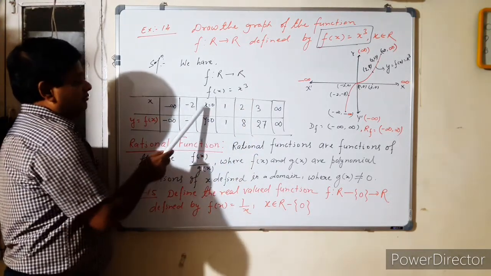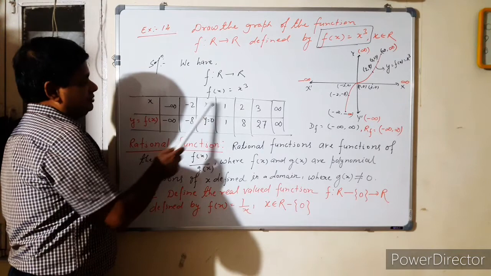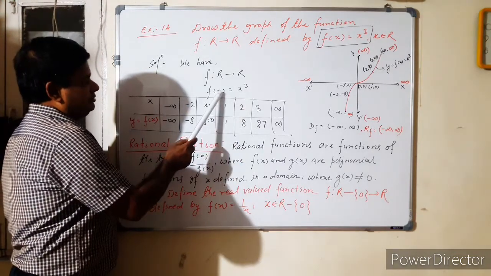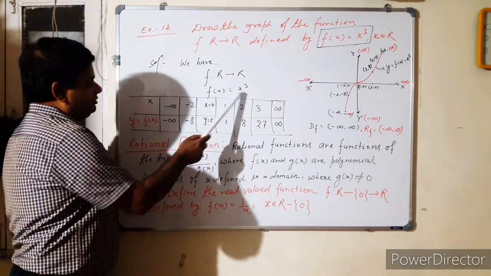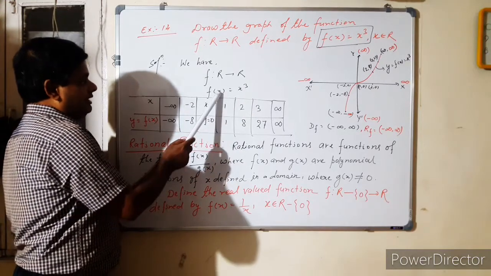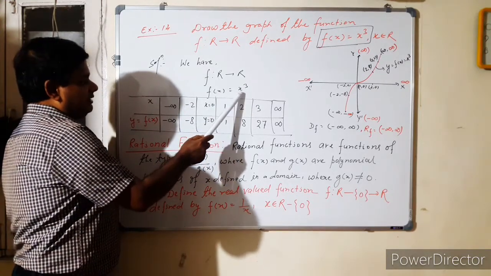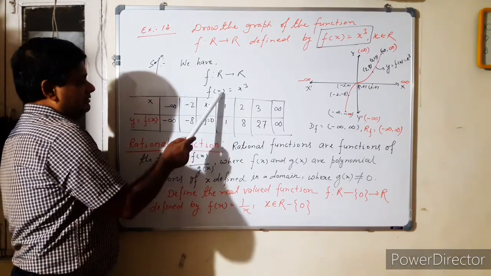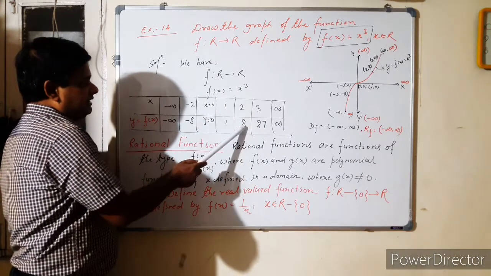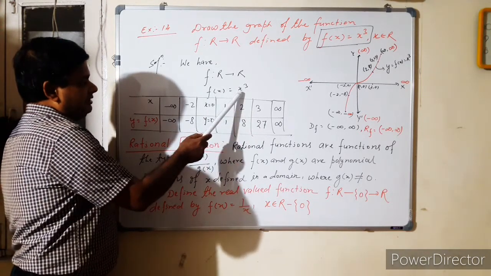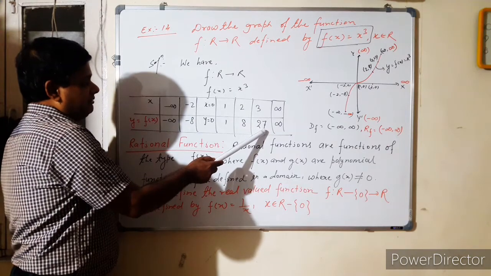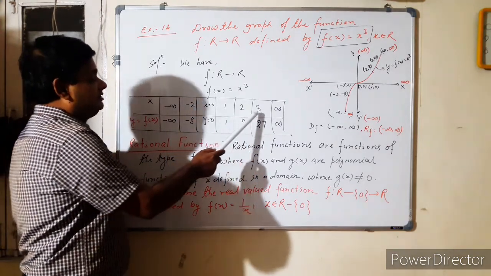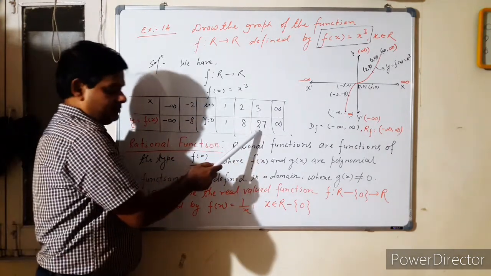So see here, when x equals 0, 0 cube is 0, so y equals 0. When x equals 1, 1 cube is 1. When x equals 2, 2 cube is 8. When x equals 3, y is 27. It means the value is increasing very fast.